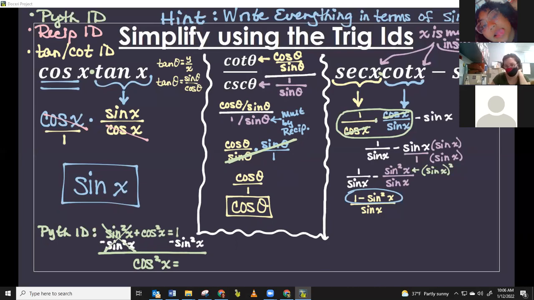What would I have on the right? Can't combine anything. I'm just going to recopy what I've got. Yes, absolutely correct, Olivia. 1 minus sine squared x.